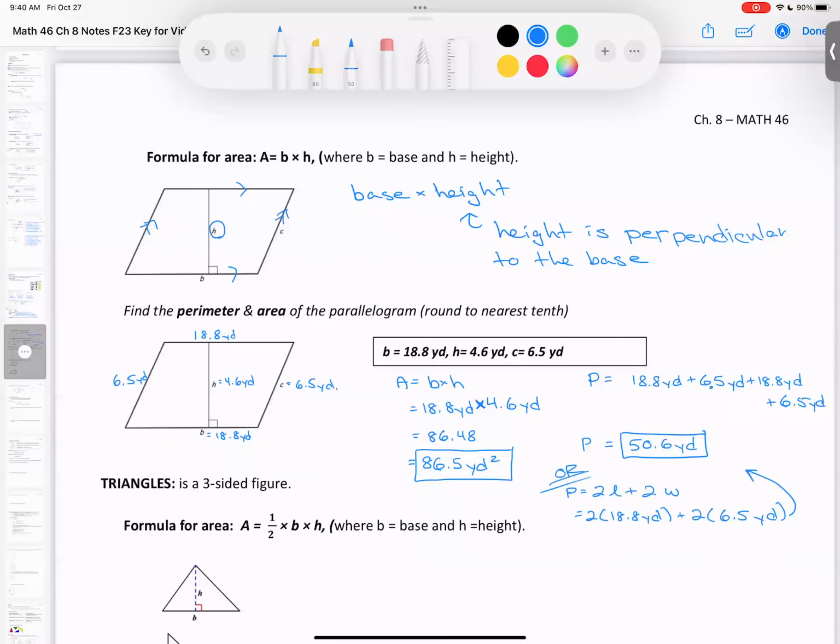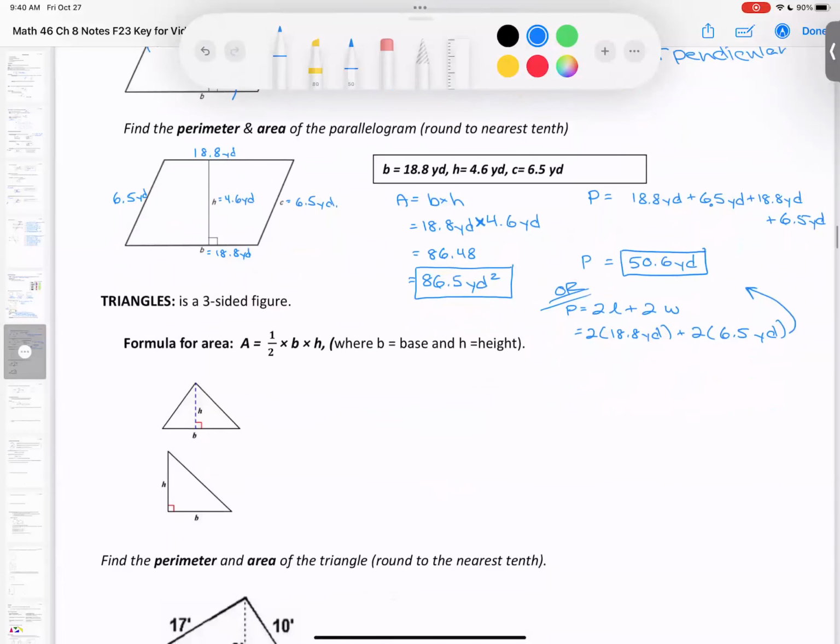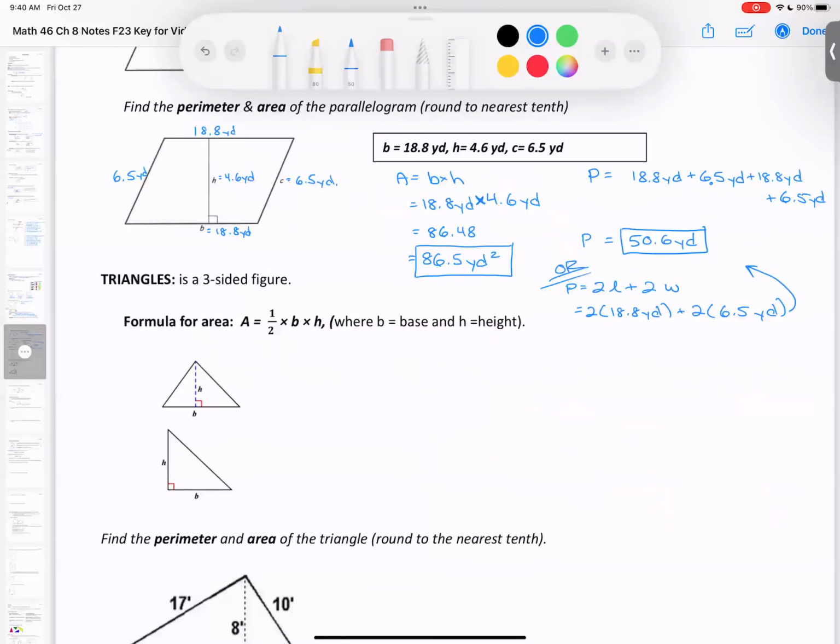Okay, so that's parallelograms. Let's move on to triangles. Triangles, I already told you, have a really cool property that we're going to talk about in a later section. Right now, we're going to look at the area and the perimeter of them. The formula for the area of a triangle is 1/2 base times height. The way I think of this is just thinking about a right triangle.